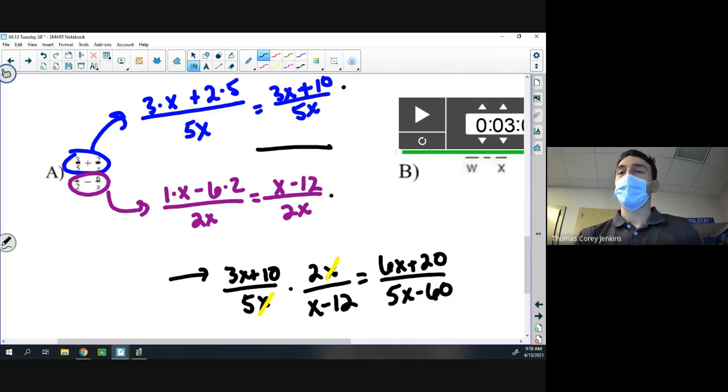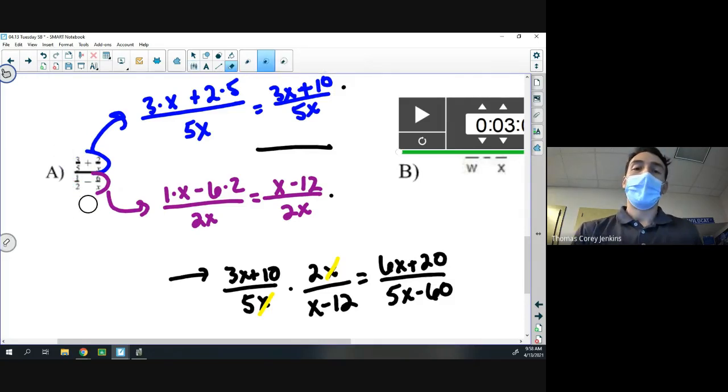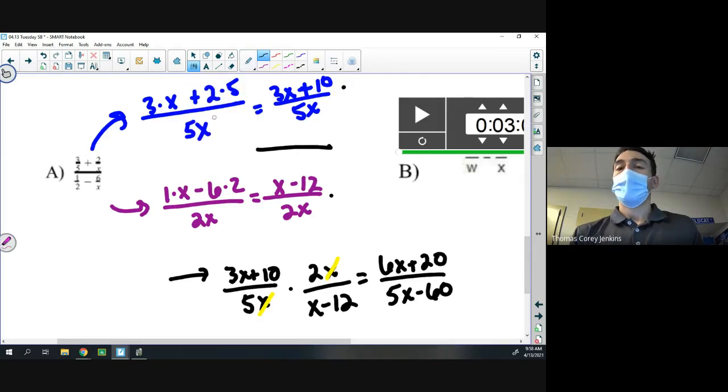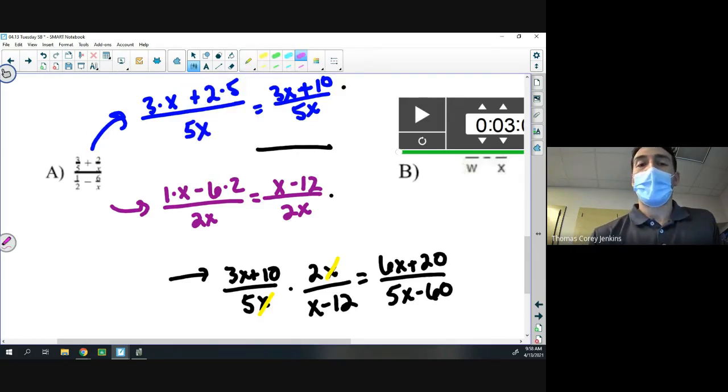And again, as far as my restrictions go, I think back to the original. I'm looking at the second, third, and fourth levels down, right? So anything that would make those denominators equal to 0. Or it might be easier to think about our reduced fractions, so looking here, here, and here.